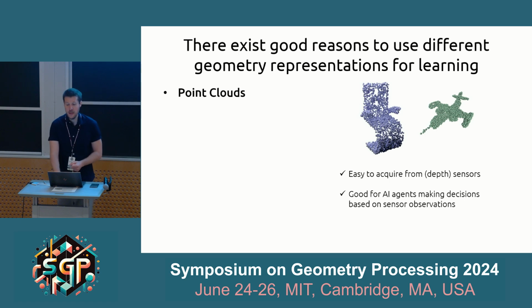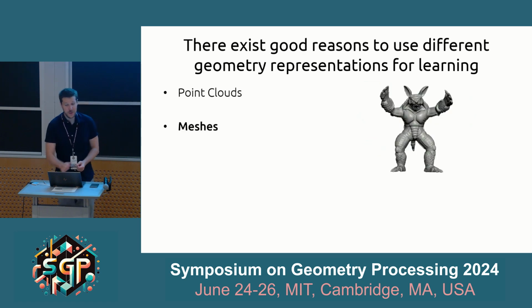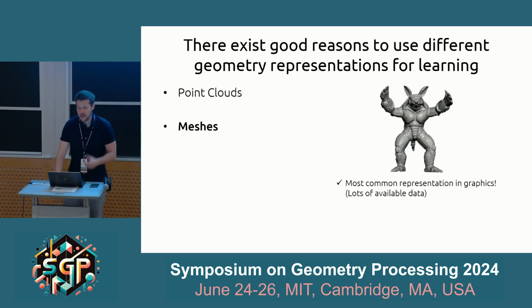This is a really good representation for me to work with if I want my agents to learn using deep learning how to make those decisions. They're going to get these point cloud observations. Easy representation. As we also saw before, when I talked about conditional synthesis, I might want to use learning to actually convert point clouds into other representations. So we better have a way to do learning on point clouds. Triangle meshes. These are arguably the most common representation in graphics, so there's lots of data available in mesh format.